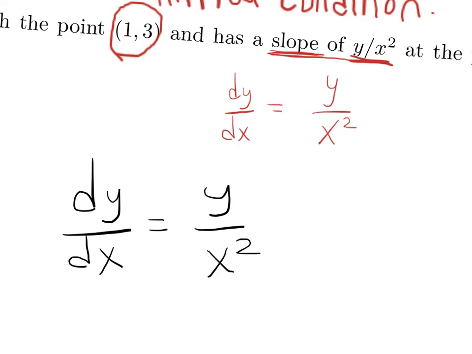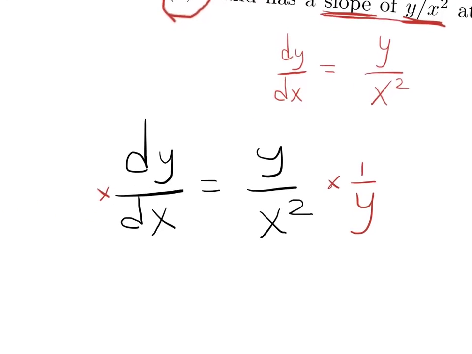What do we need to do on the right side to get all x's? Times 1 over y, and we need to multiply by dx also, so times dx over y. And what do we need to do to get all the y's together?